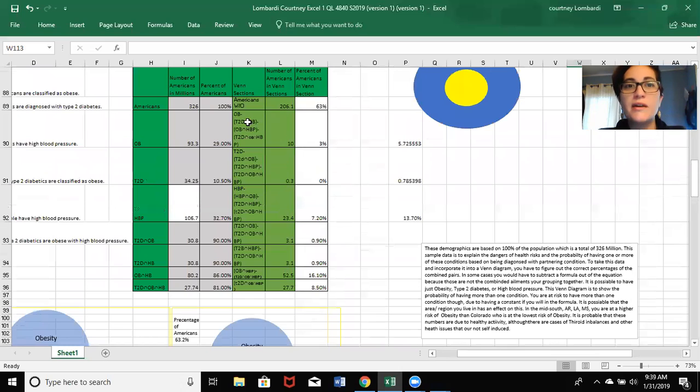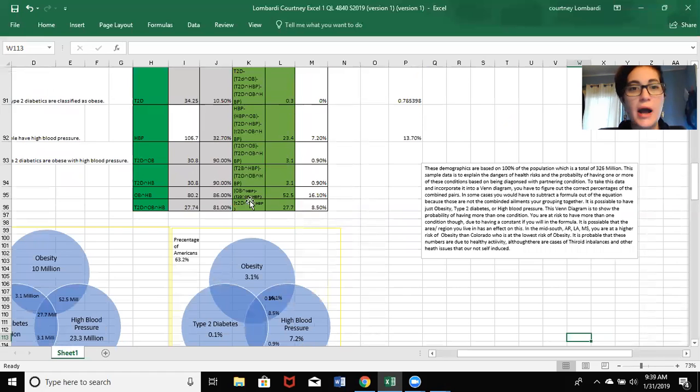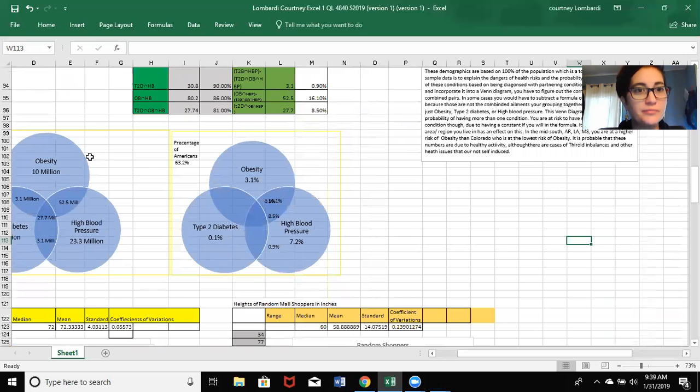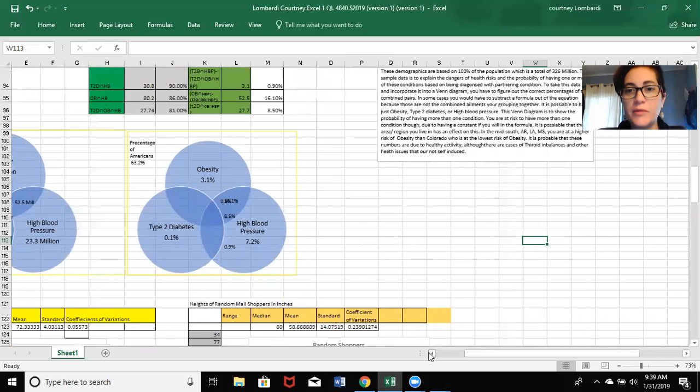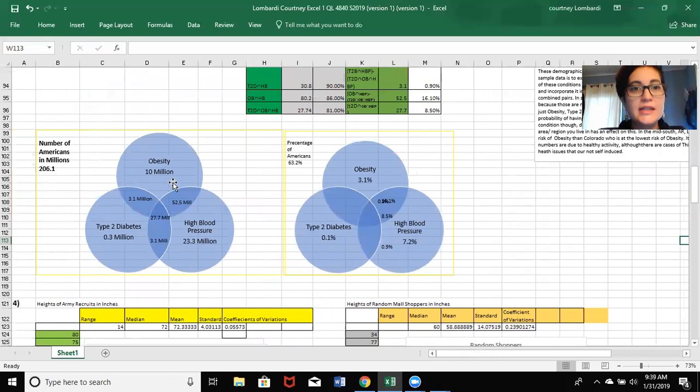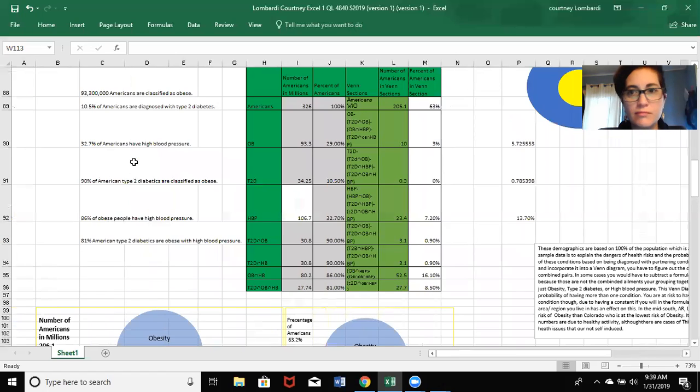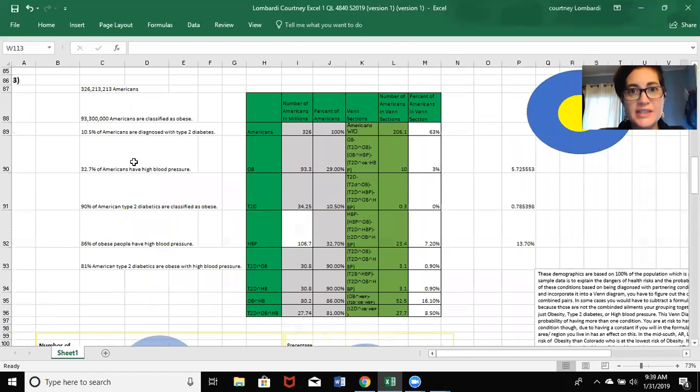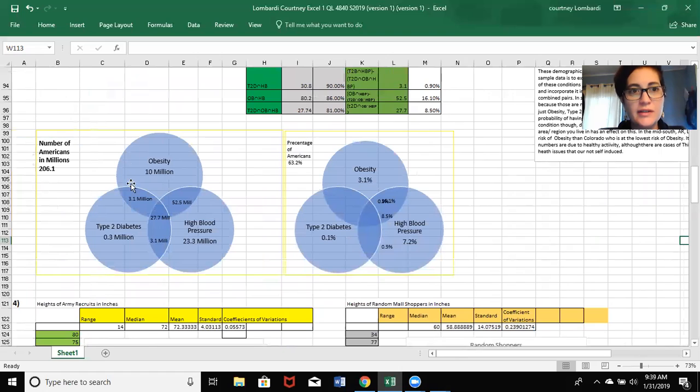In some formulas we added, in some formulas we subtracted, because you only had 1 or 2 of the conditions. So you can see down here, 10 million people out of 326 million have obesity, 3.1%.